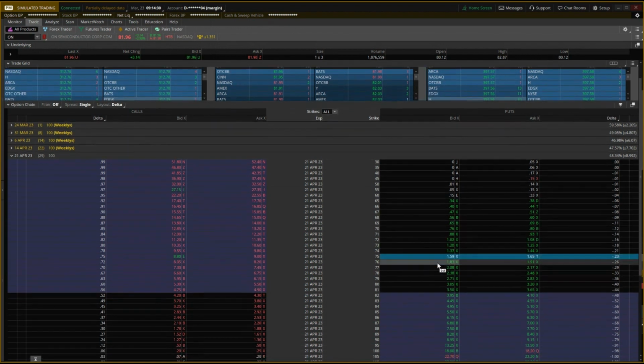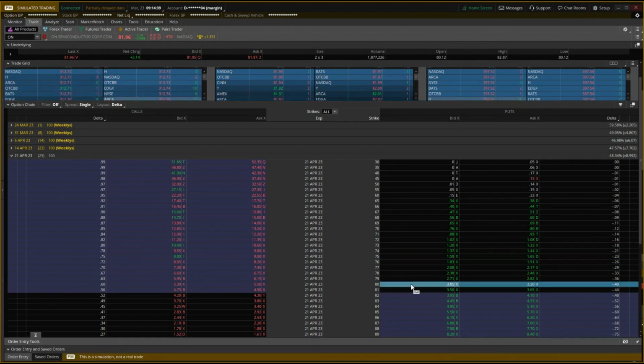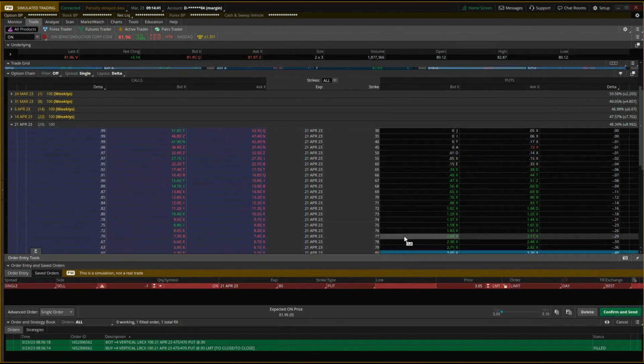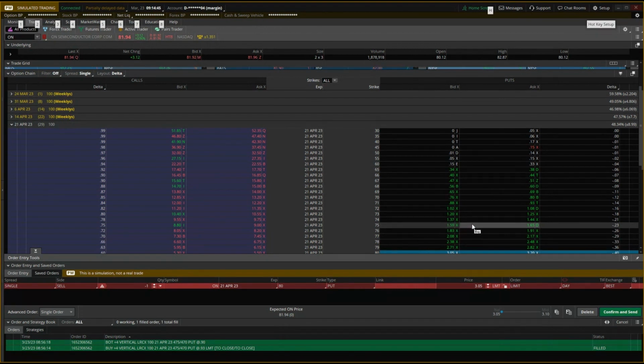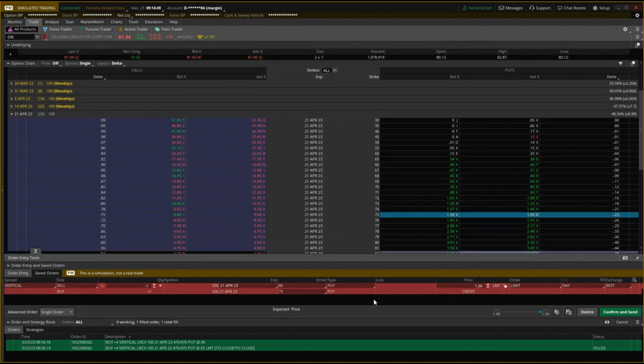So I'm going to come down here and I'm going to start with selling the 80 strike here. So if you see my mouse here, it says sell. So I click on that and then I need to scroll up a little bit and then I'm going to buy the 75 strike here. Hold my shift key down and you can see, okay, things have improved a little bit. So again, we're selling the 80 strike, buying the 75.